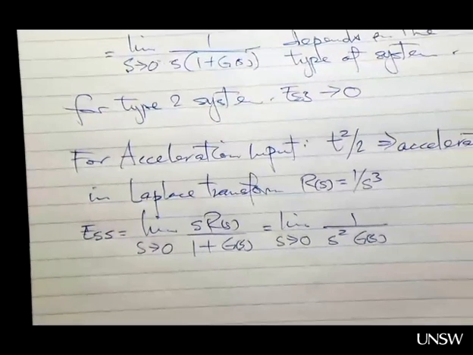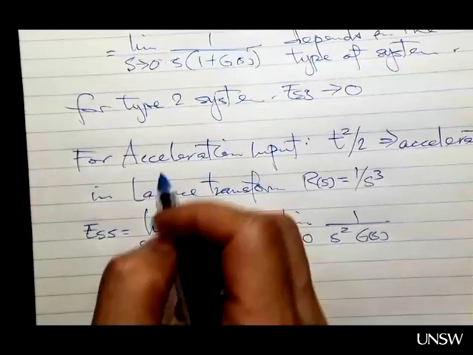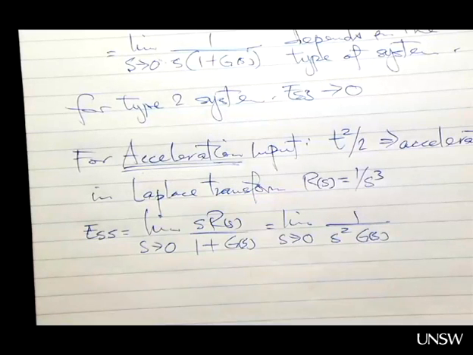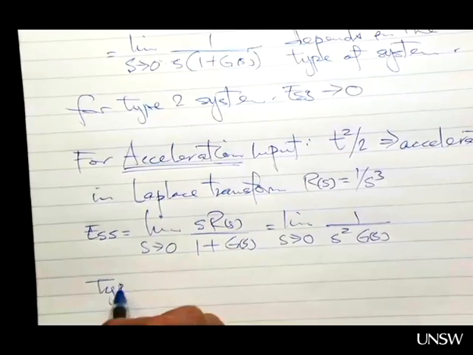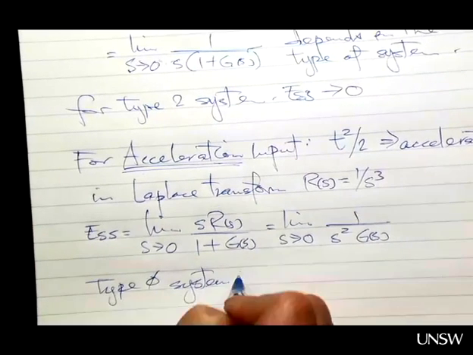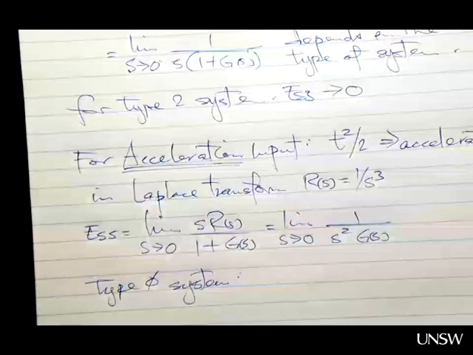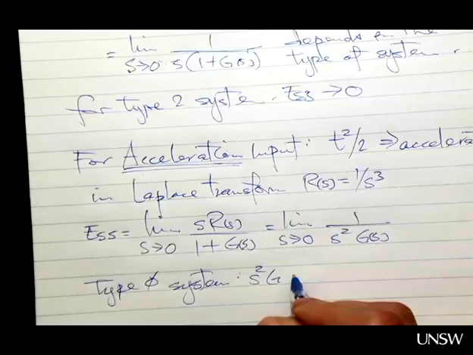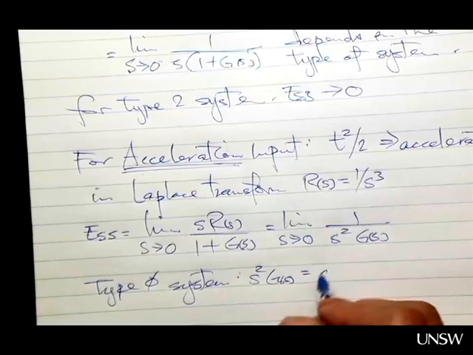So for this kind of acceleration input, this kind of signal, for the type 0 system, s squared G of s equals 0.